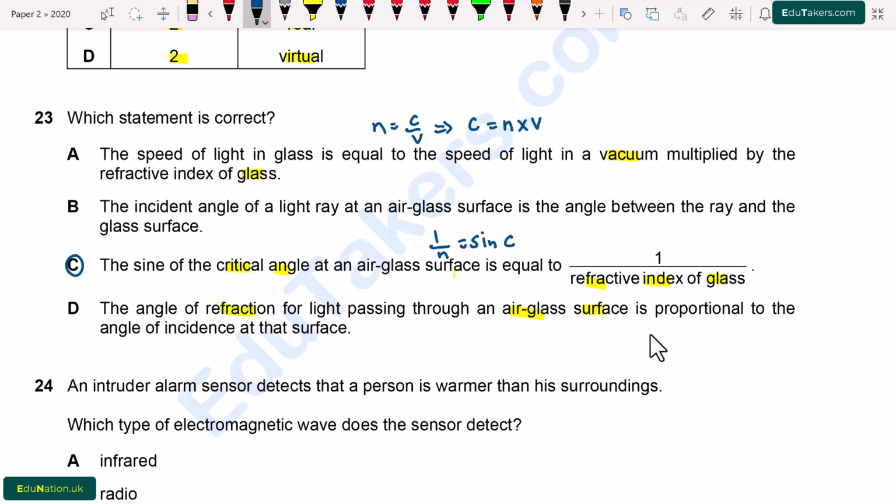In option A, it is given that the speed of light in glass is equal to the speed of light in vacuum, c, multiplied by the refractive index, which is incorrect. The angle of incidence is basically the angle between the incident ray and the normal. So option B is also incorrect.